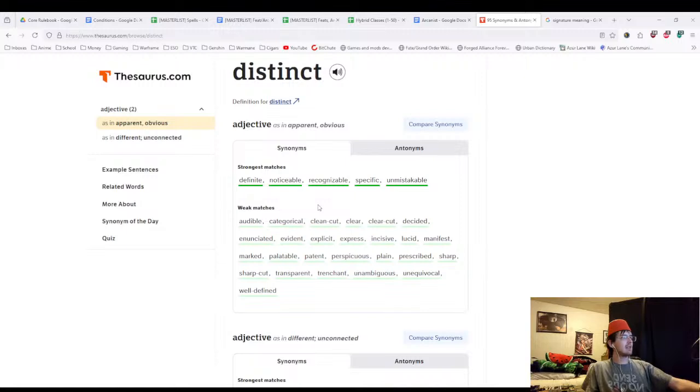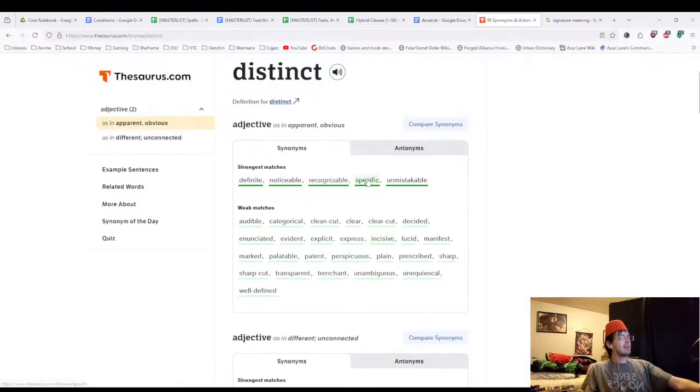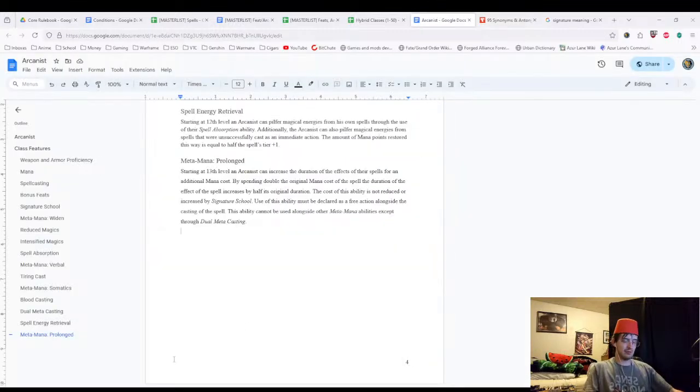Let's see. How about, it's like this is going to be a meta reduced cost. We'll just do signature meta.